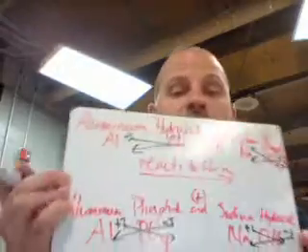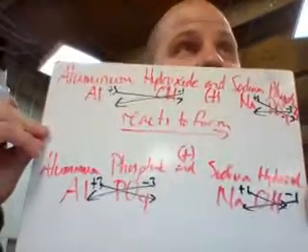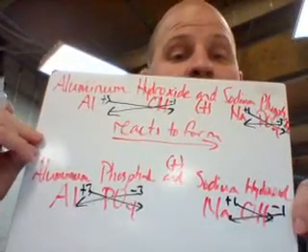Then the 3's cancel out for the Al and PO4, and the 1's cancel out for the Na and the OH. So it looks like this. Now I have everything I need to write this out correctly. The next thing I want to do is write it out in the same equation format.